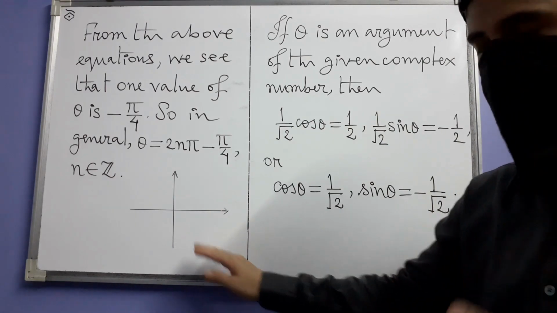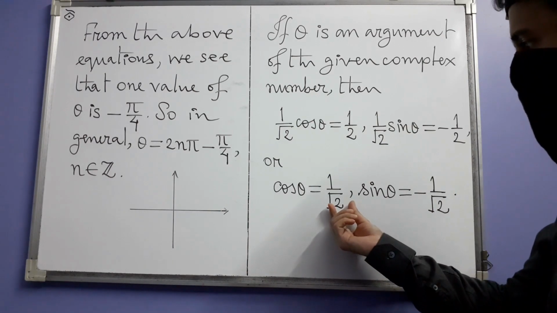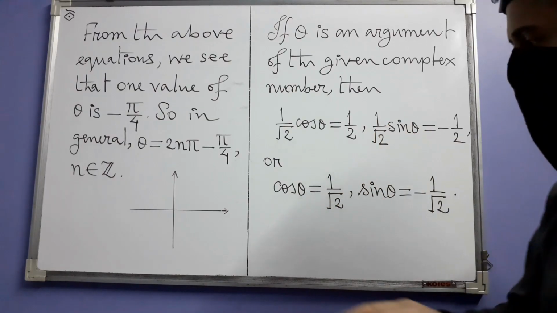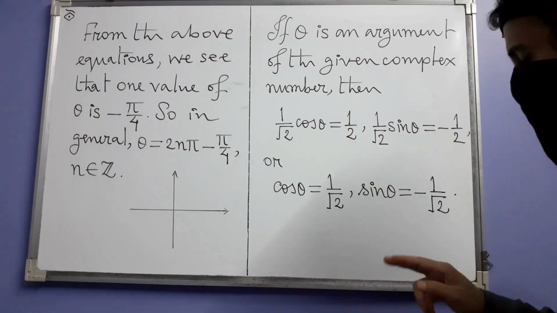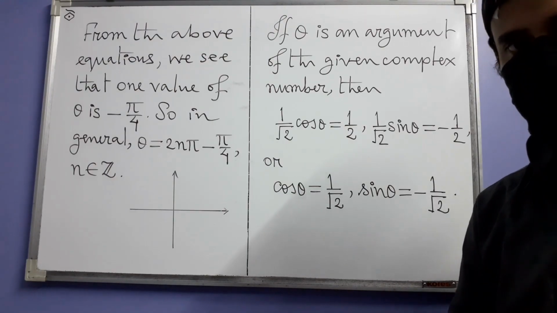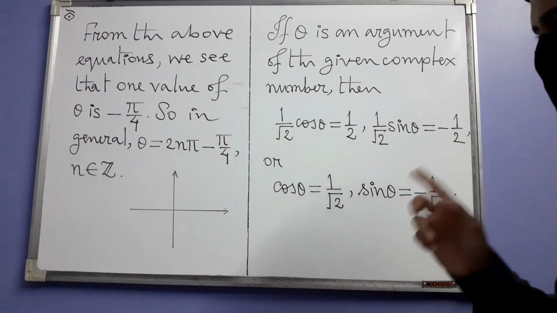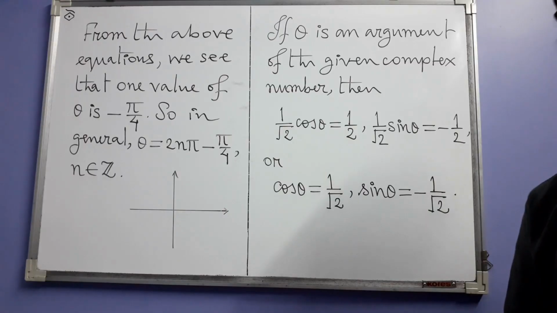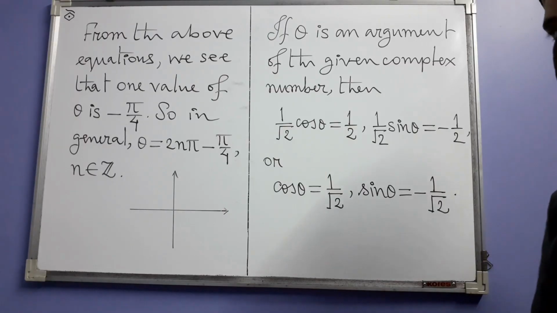And at the same time, we also know that when theta is pi divided by 4, both cos theta and sin theta are equal to 1 divided by root 2. So that is our cue. And from that we guess that this angle may work. And yes, it really works.